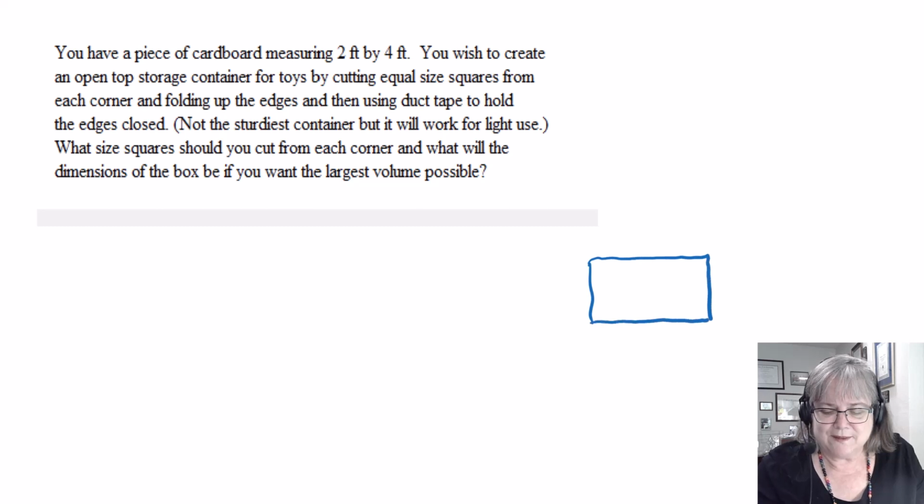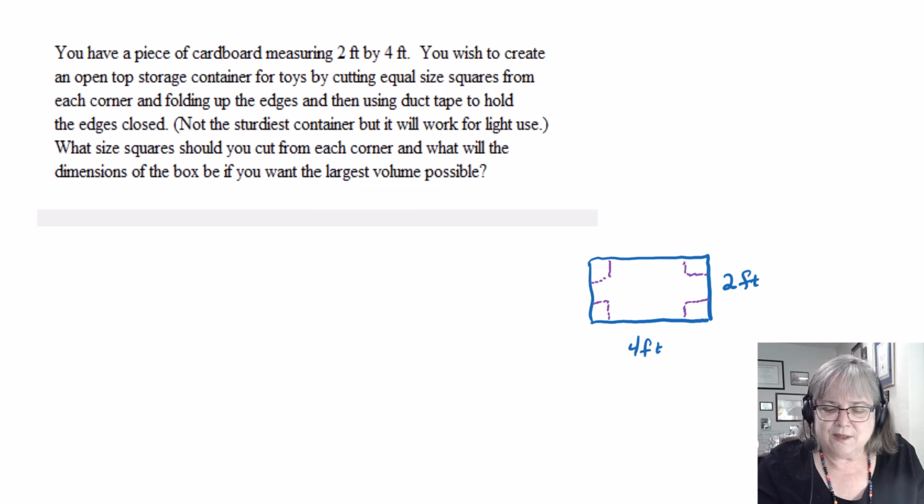is this box, and it is 2 feet by 4 feet. And what they want you to do is to come in here and cut off a square from each corner.